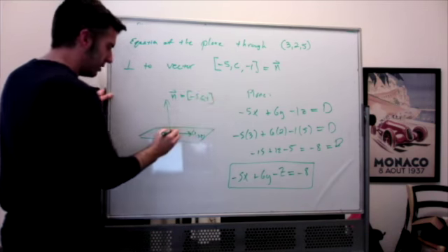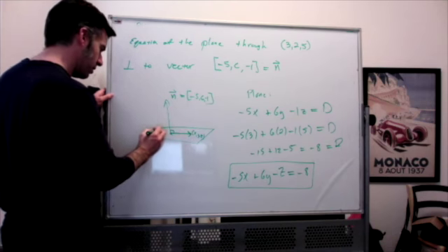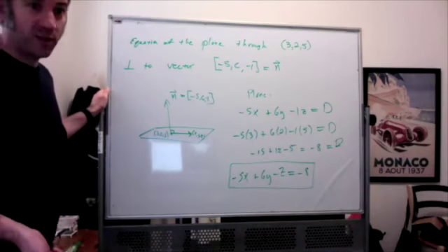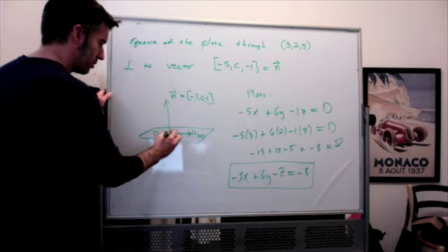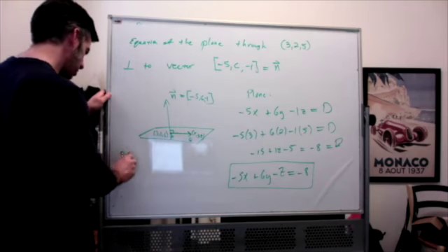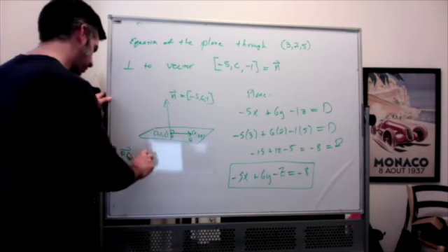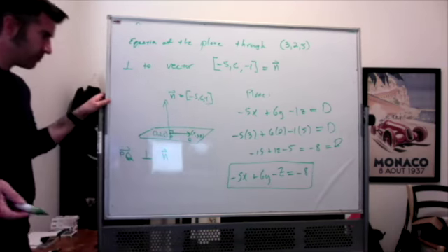And this is the point that we know the plane includes, which is the point (3, 2, 5). Well, you can say this vector, let's call it PQ, which is in the plane, is perpendicular to the vector n.